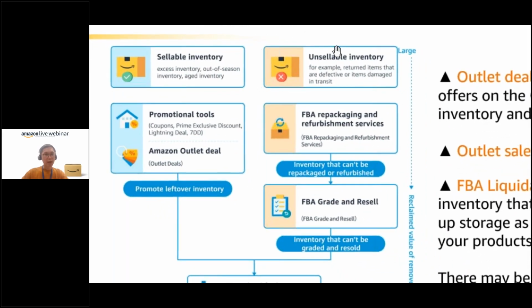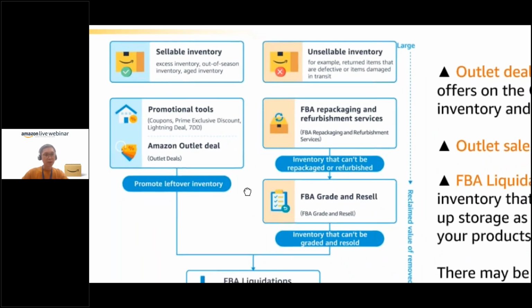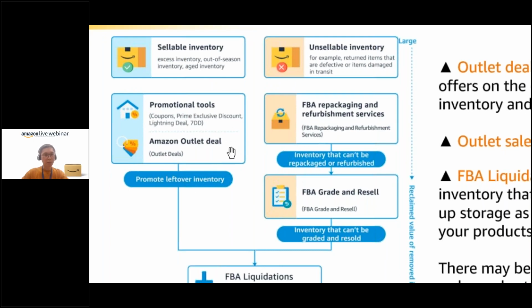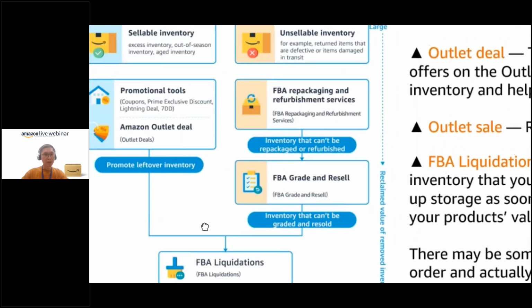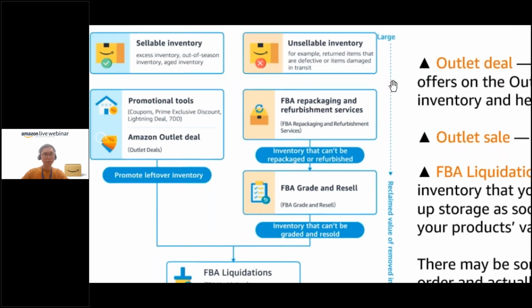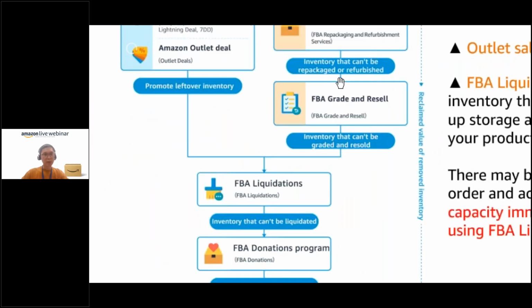So what happens if you have unsellable inventory? What can be done? If you have sellable inventory, you can run promotions like coupons, discounts, etc., and outlet deals. If your inventory is unsellable, there can be some FBA repackaging and refurbishment services. If not, you can go to FBA grade and resell.